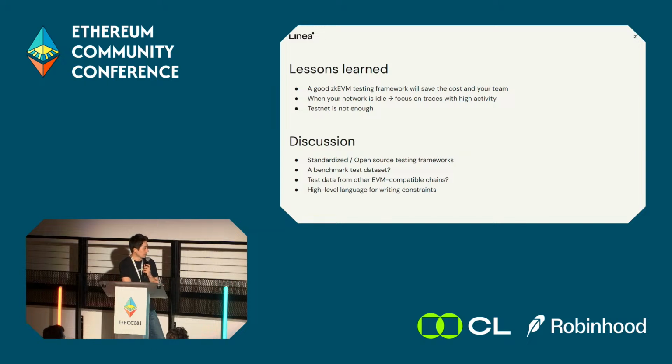Maybe we can also build an infra where you can borrow transactions or generate traces from other EVM compatible chains, which would be very useful. And we are currently working on a high-level language for writing constraints.